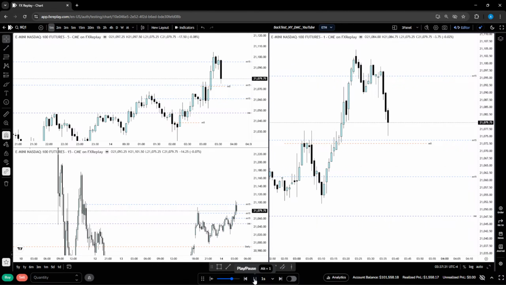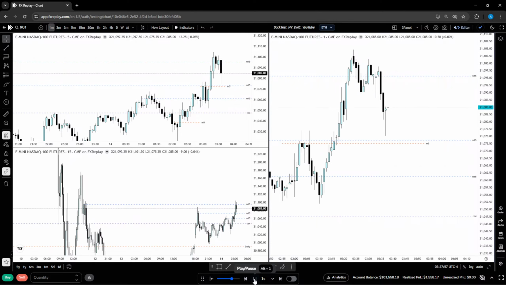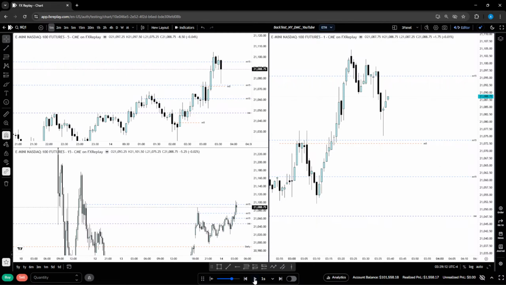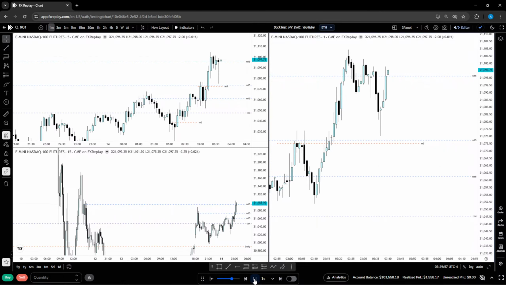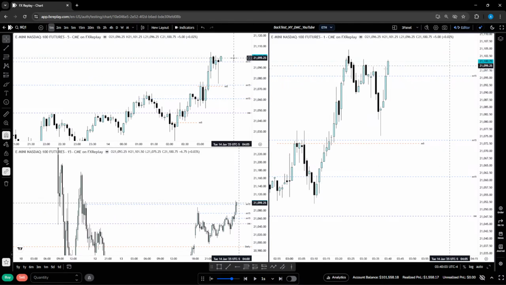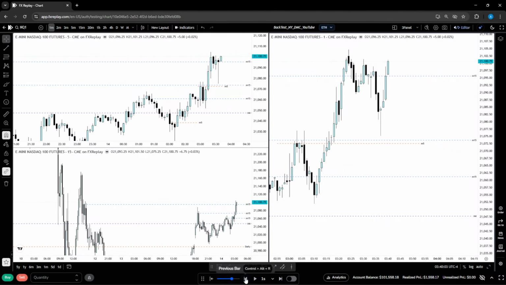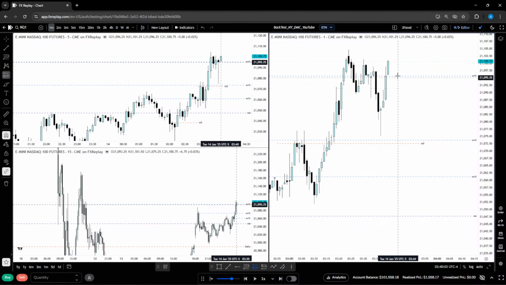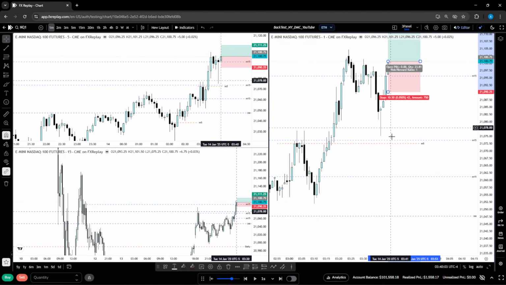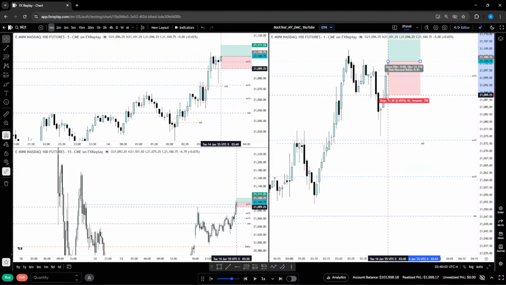Okay, this is about the level, one of the levels, so we're gonna see. Okay, so we're basically going to go long here.